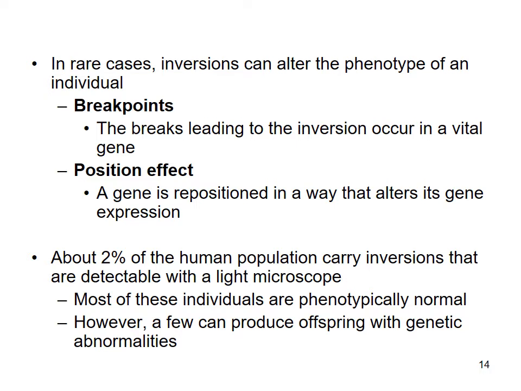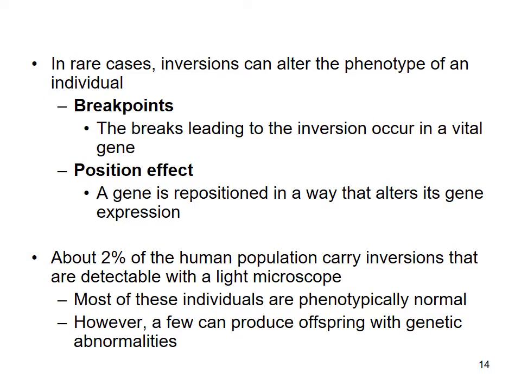Alrighty, so if the inversion can alter the phenotype of an individual, then oftentimes you have a break that occurs within a vital gene section. These are called breakpoints. Or the gene is repositioned in a way that will completely affect the phenotypical expression of that gene. That is what we call a position effect.